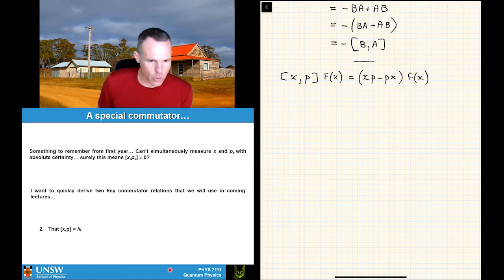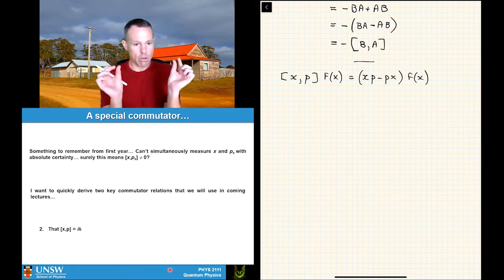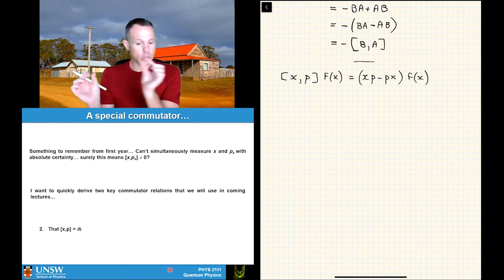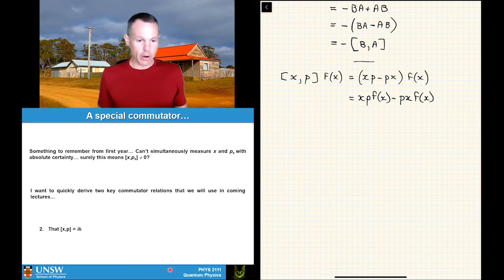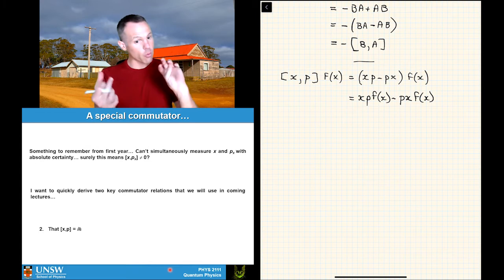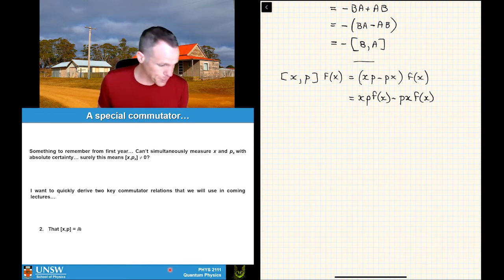What we would now do is we can multiply that out to the function on two sides. So we can write this as xp f of x minus px f of x. Function is not an operator, so this is perfectly okay. I just can't go reversing the order of my operators.